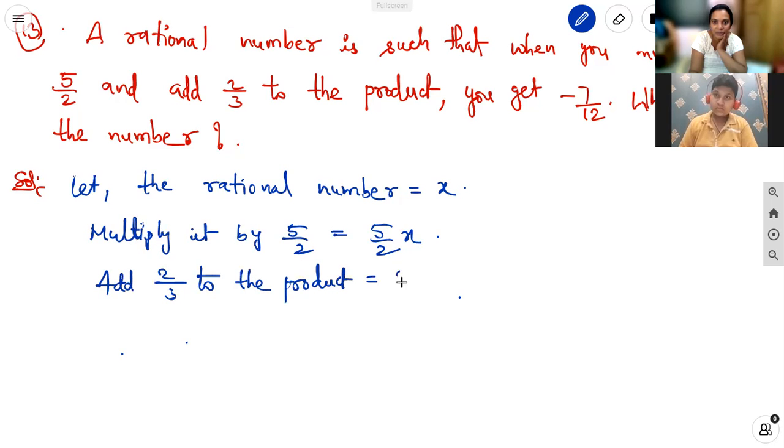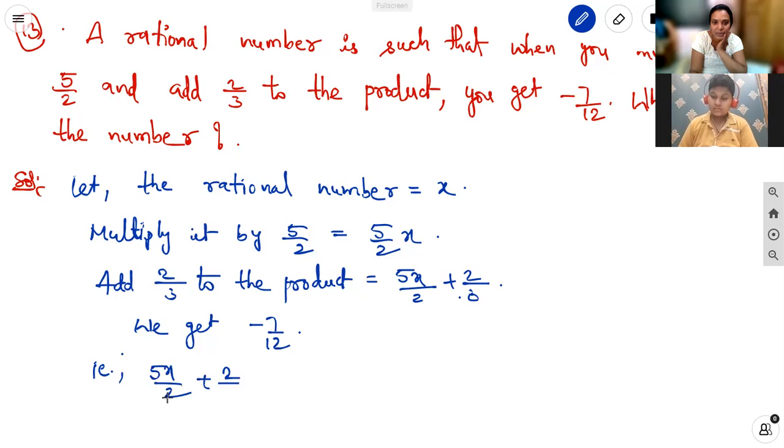That is equal to 5x by 2 plus 2 by 3. We get minus 7 by 12. That is nothing but 5x by 2 plus 2 by 3 equal to minus 7 by 12.